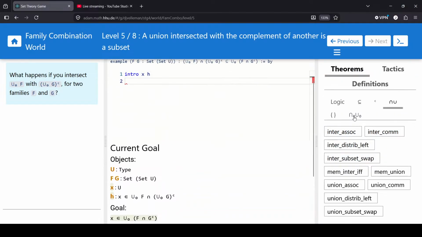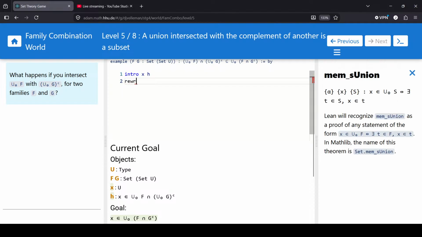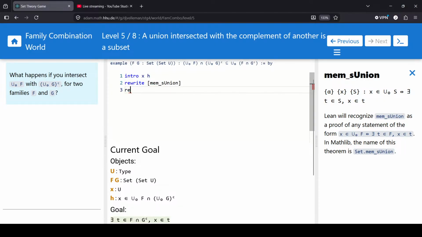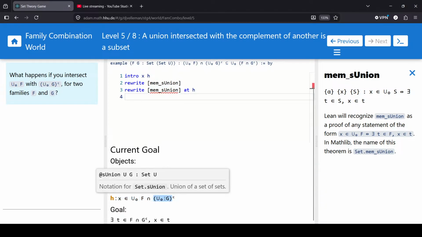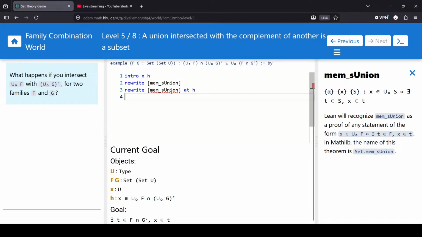I think I want to rewrite first because that seems like the obvious thing to do. I think I'm going to do the same thing to the H. Except it doesn't work. Why? Oh, that's not top level. I am mistaken. So you're actually going to have to mem inter if, I think. Yeah.